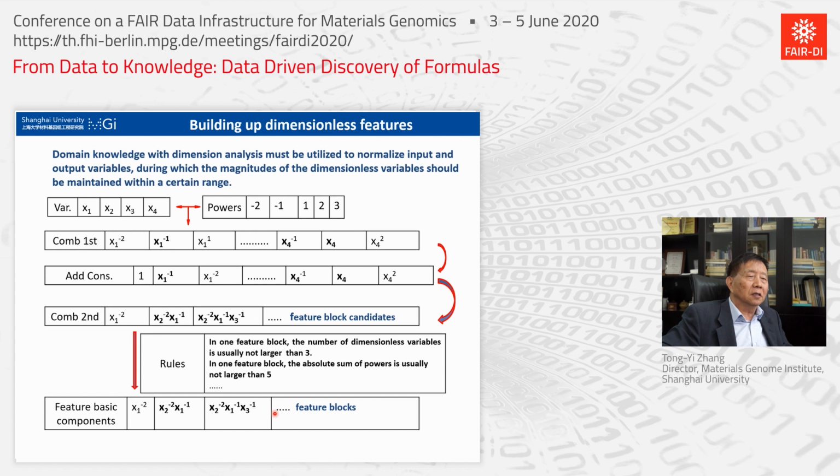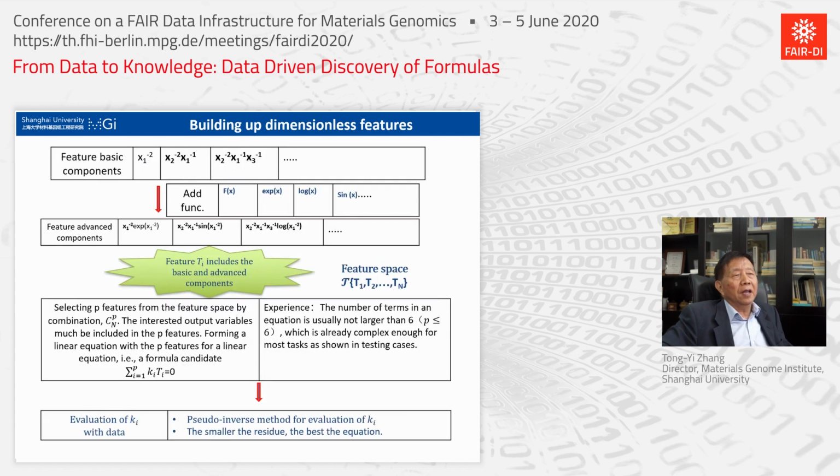the feature blocks. So we get those. Then after we get the feature blocks, we put in our functions. We have a function set, and we put more functions here, for example exponential, log, sine, cosine, and so on.